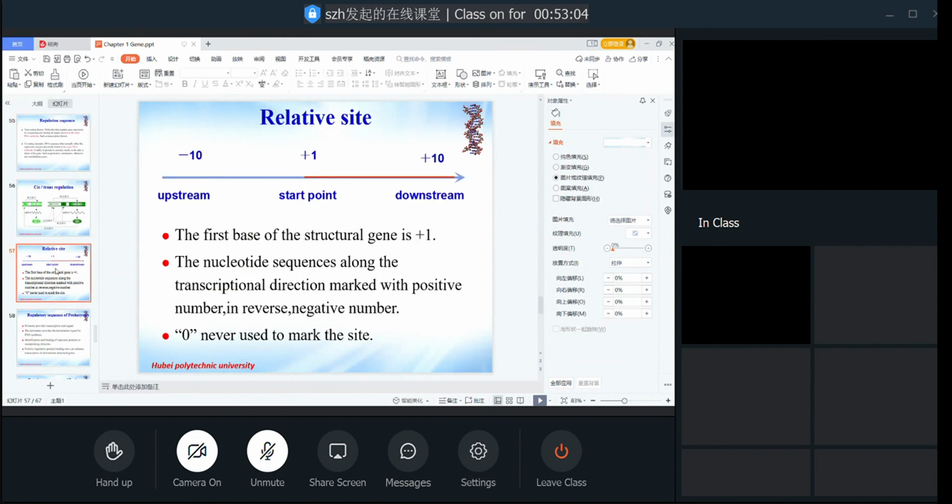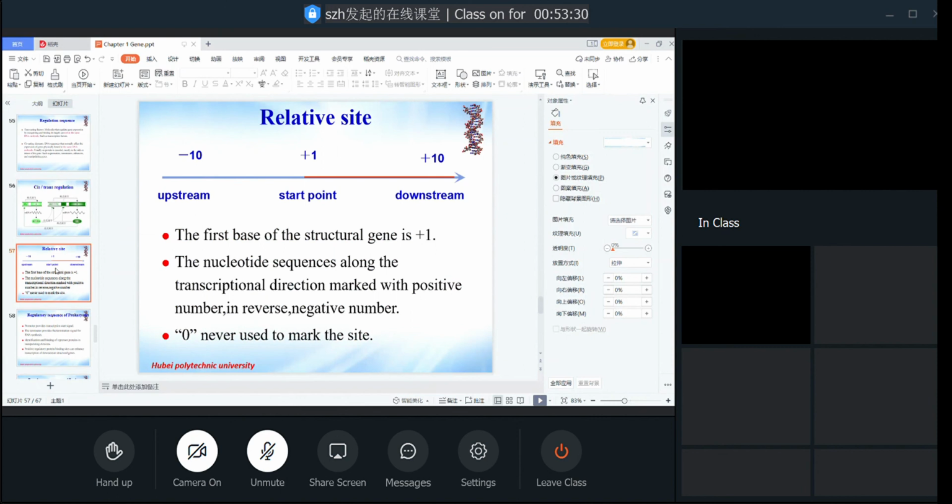It is easy to understand. On another side, maybe you read some more textbooks, maybe you read some more papers. All the time, two directions my students pay attention to: the upstream, downstream, the starting point, the originated point.